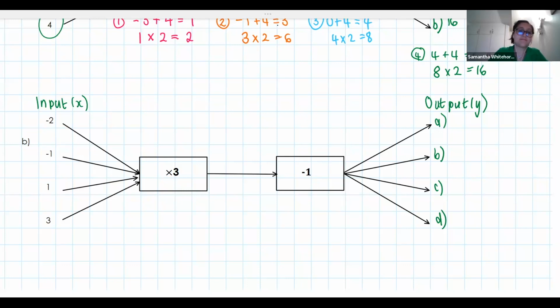Remember, my people, we need to say A and write it in our book, B, C, and D in our book, and then we're going to transfer those answers into the charts, okay? But first, find out every single answer. Don't just give us A on the chart. Find out every single answer, write it in your book, and then say A equals, B equals, C equals, D equals on the chart.